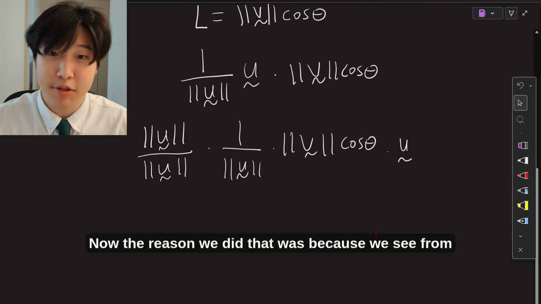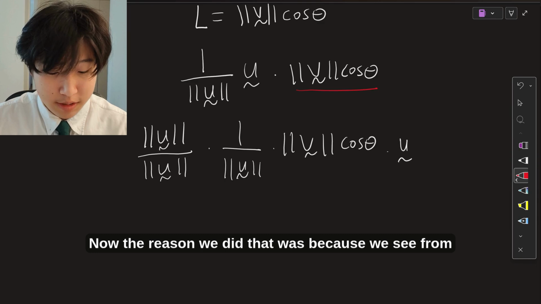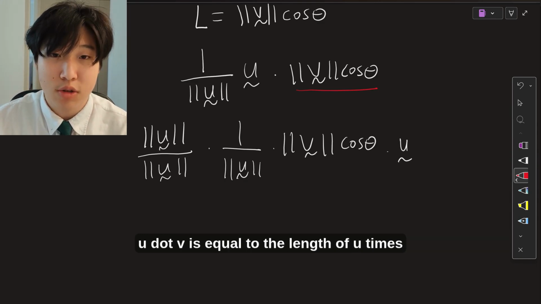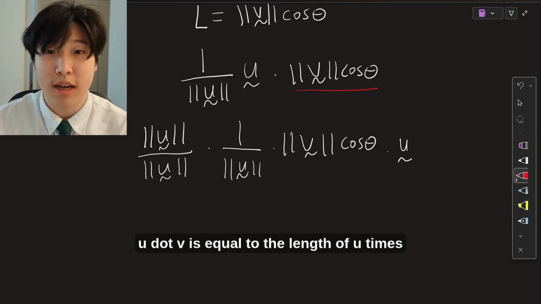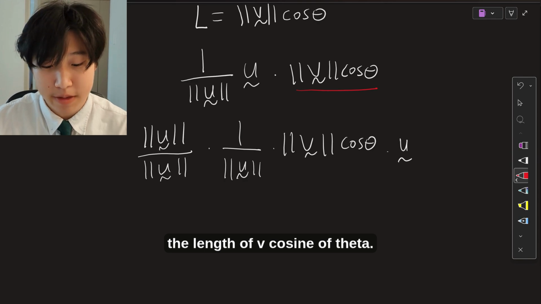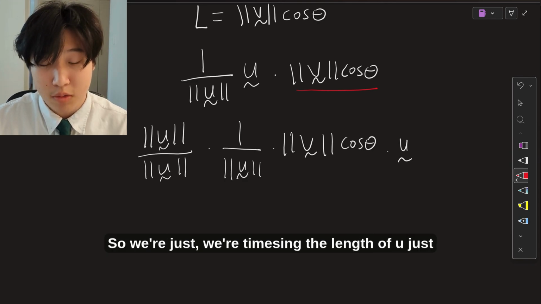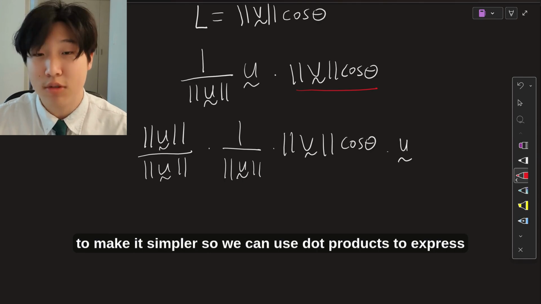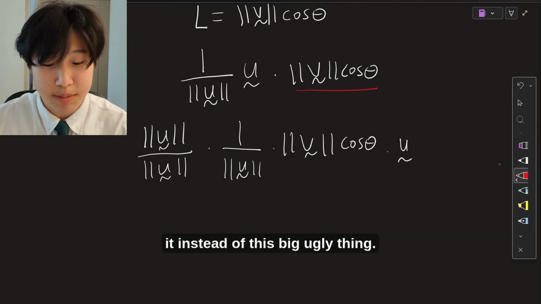The reason we did that is because we see from this term that it's very close to the dot product formula. u dot v is equal to the length of u times the length of v cosine of theta. So we're multiplying by the length of u just to make it simpler, so we can use dot products to express it instead of this big ugly thing.